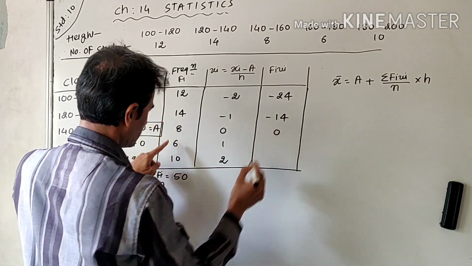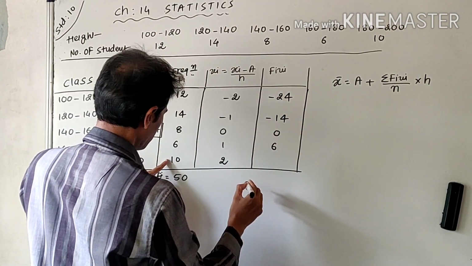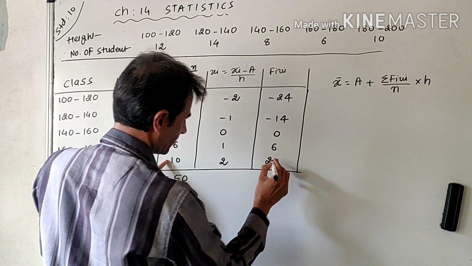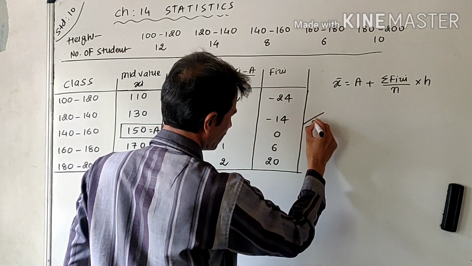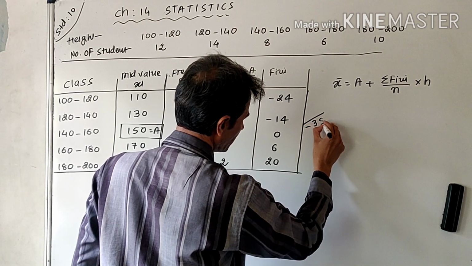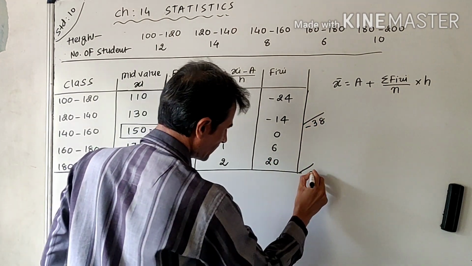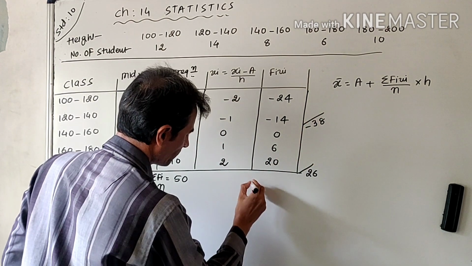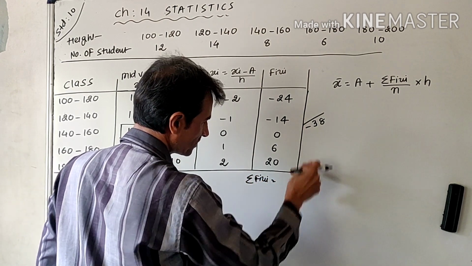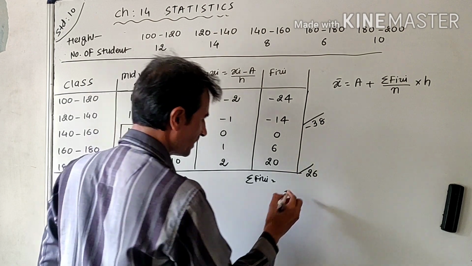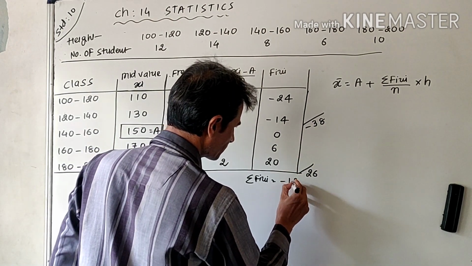Here 8 zeros are 0, 6 1s are 6 and here 10 2s are 20. Now I can separate the addition, minus minus plus, and it gives me what? Minus 38 and here 26. Now sigma fi ui, plus minus minus, and the sign of the bigger term gives me minus 12.